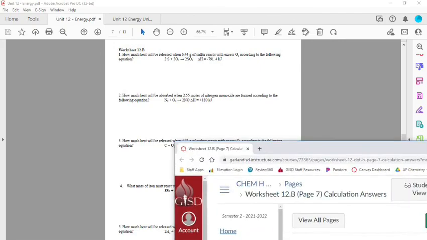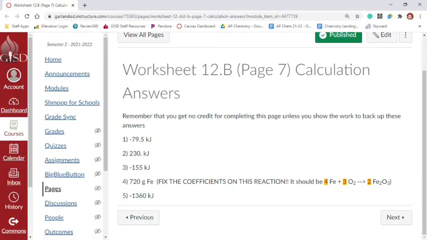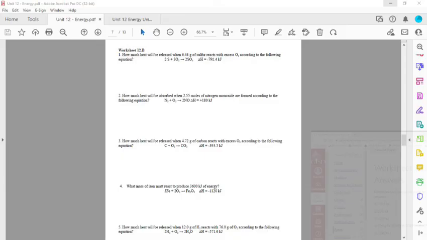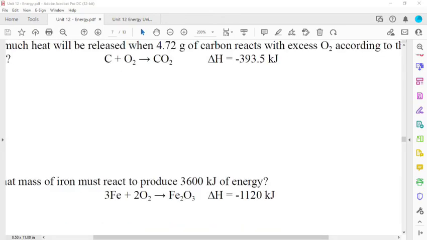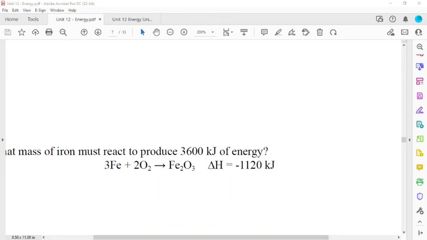And I have put the answers to that worksheet here on Canvas, or you can quickly jot these down to check your answers. And it's really important that you go ahead and change question number 4. We wrote and balanced all of these equations for you so you wouldn't have to worry about it. But unfortunately here, we incorrectly wrote the coefficients when we were trying to help you with the balancing.